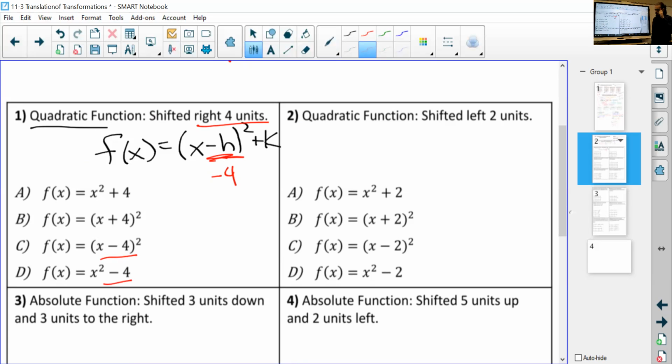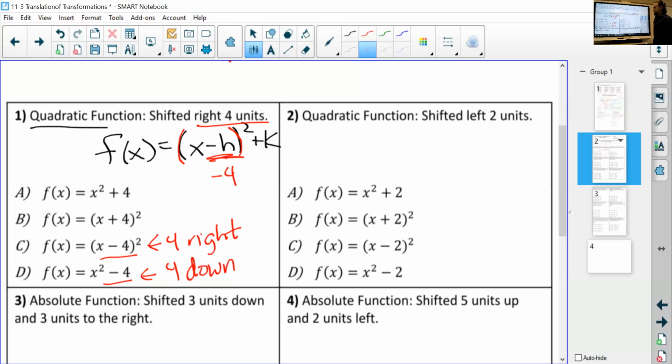But then it's important. This is the part that you got to keep in mind. Since it's going to the right, it's got to be inside the parentheses. So that's the difference here. This is going 4 to the right. And what is this one doing? This is definitely going 4 units. Think about it. But that's going 4 units down.